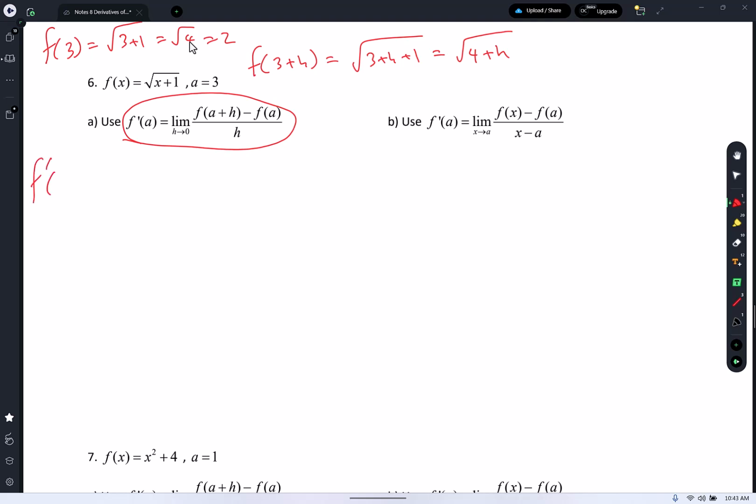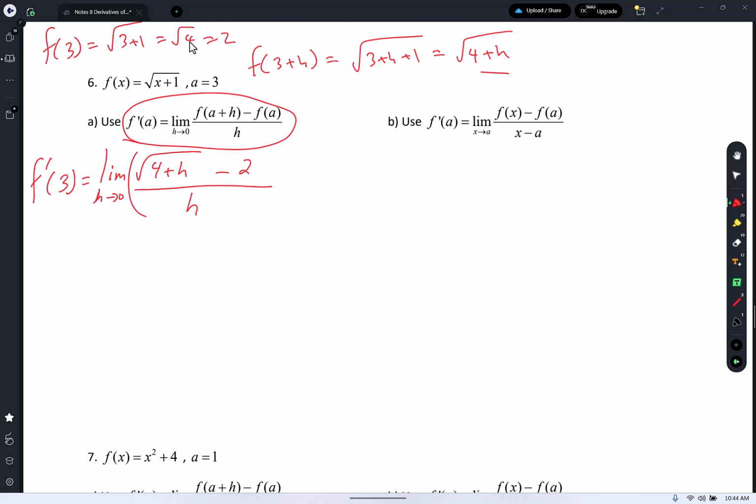F prime at 3 equals limit as h approaches 0 of this guy, f of 3 plus h, which is square root of 4 plus h, minus 2, over h. Is anyone freaking out? Okay. What's making this hard to evaluate?